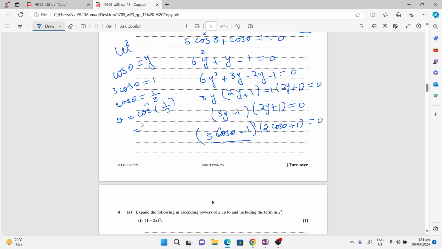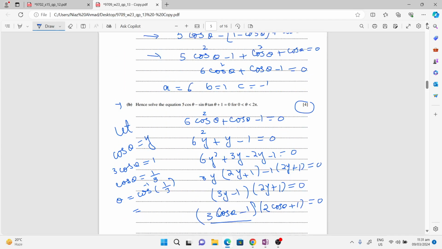Being in radian mode, grab your calculator and get the calculation.